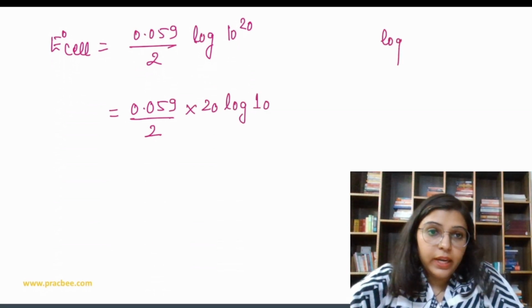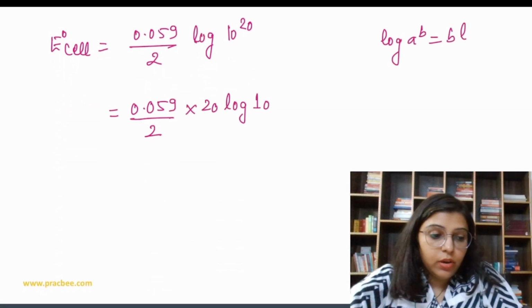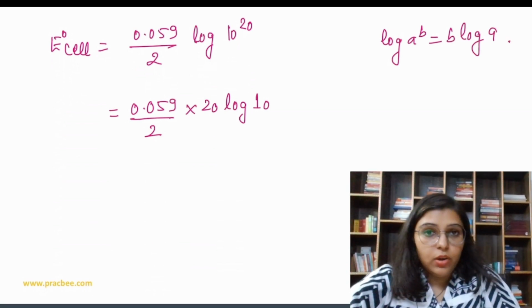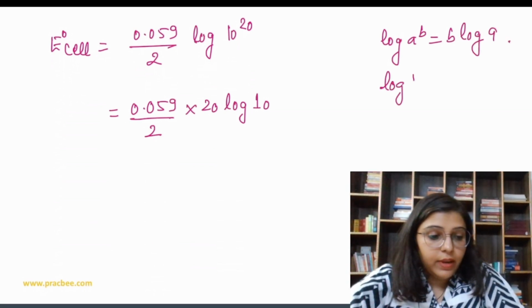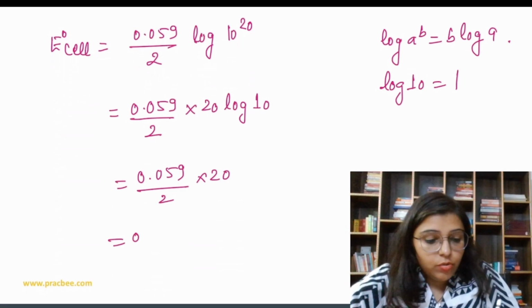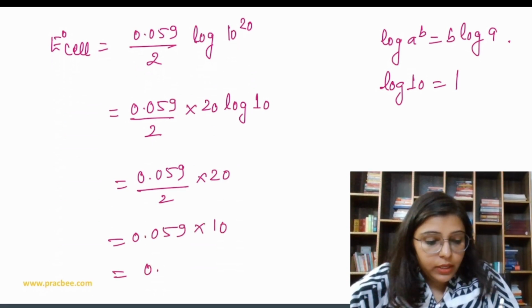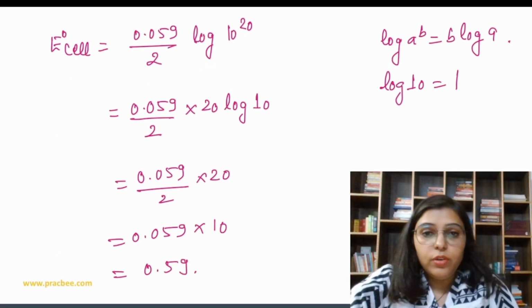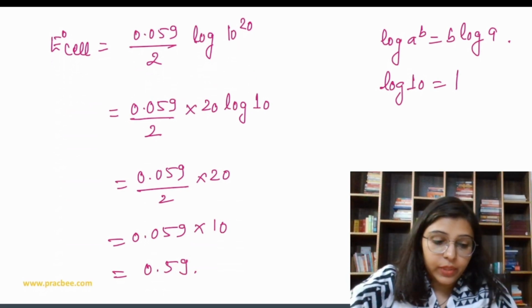Why? Because log a to the power b is equal to b log a. Log 10 value is equal to 1. So we can write 0.059 upon 2 into 20, which is equal to 0.059 into 10, which is 0.59. So the value of E naught cell is 0.59.